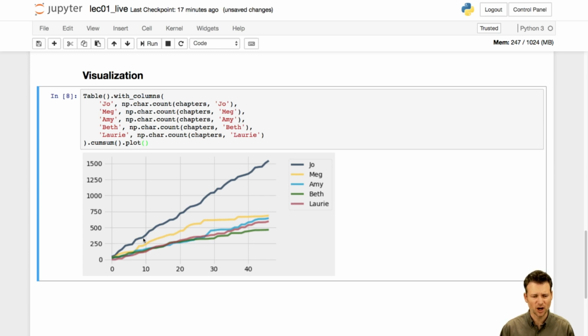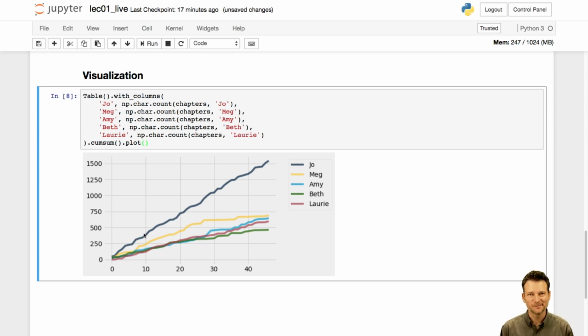For instance, there's Jo. She has that blue line up at the top. The height of the line counts how many times Jo has been mentioned in the book up to that point. So for instance, by chapter 10, Jo has been mentioned somewhere around, I don't know, 350 times or so. Quite a lot.